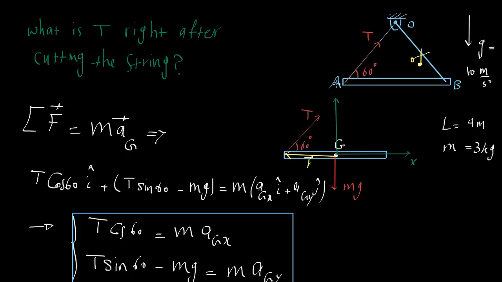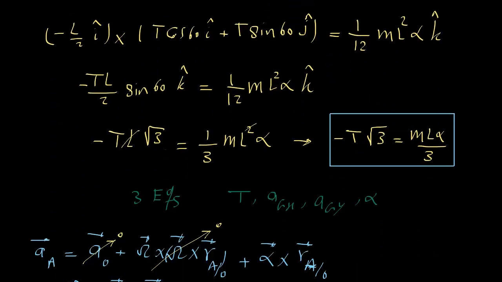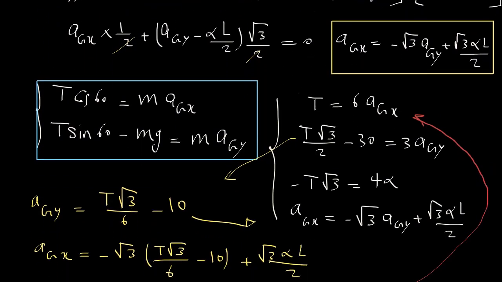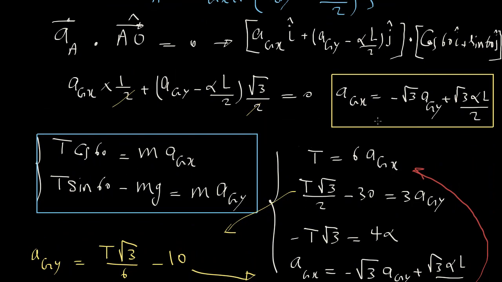And that enabled us to use the equations for the rigid bodies to write down the acceleration of A based on O. We can also write down the acceleration of A based on G, and then we said that from the first equation we got that the acceleration of A should be normal to this line, and we could apply that on the second equation, when we were writing the acceleration of A based on G, to get a constraint on the acceleration of the center of mass and also alpha.